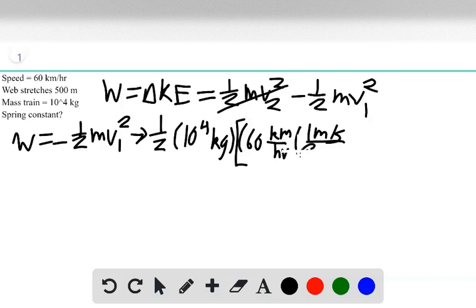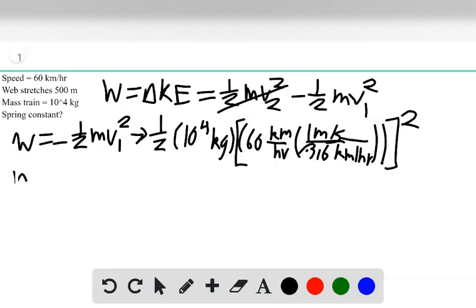Let's see, divide by 3.6, squared, and you're going to get a value of minus 1.39 times 10 to the 6th joules.